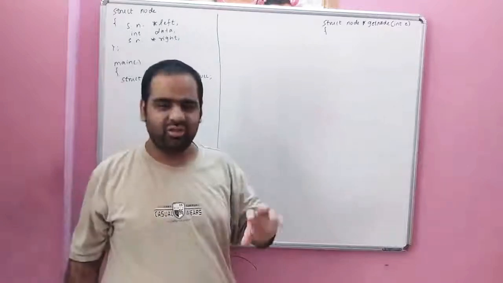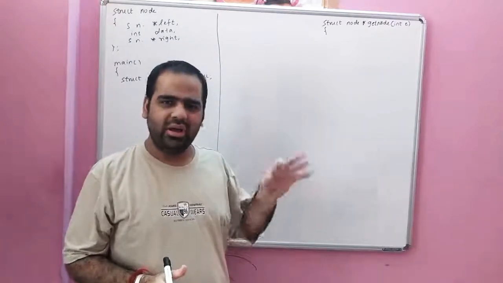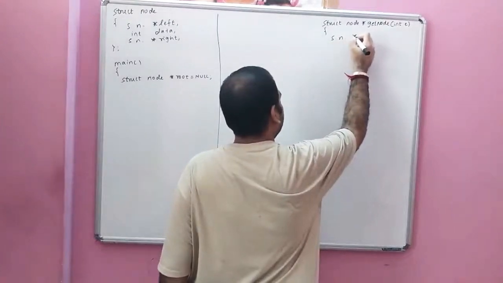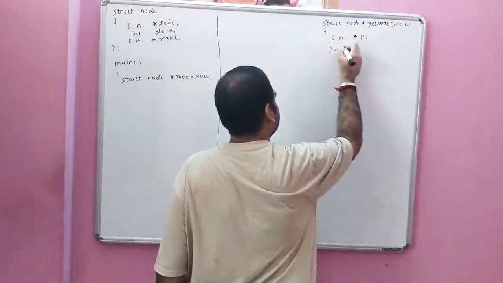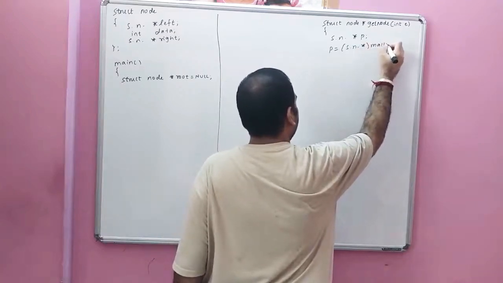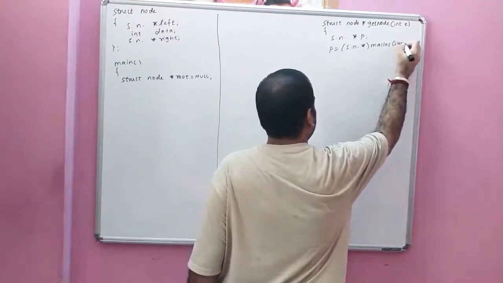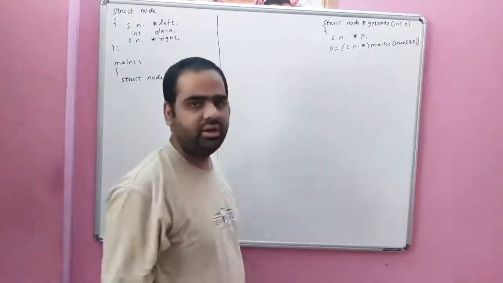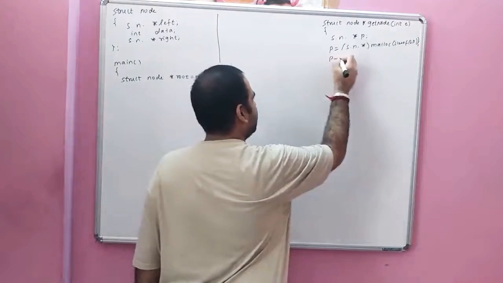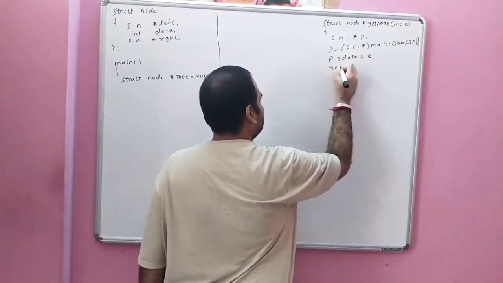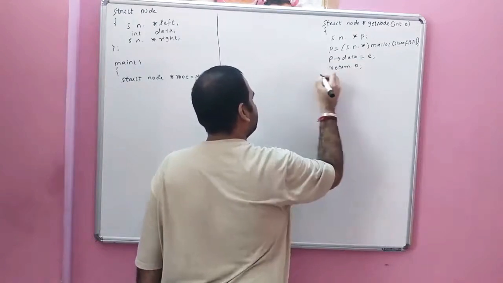That integer is not standard, but to reduce the code, I have written it that way. Now, what is the first thing for us? We have to create the node. How do we create? We say struct node star p. P is equal to struct node star malloc of size of struct node. And what do I write over here? I say p arrow data is equal to e, and we say return p.